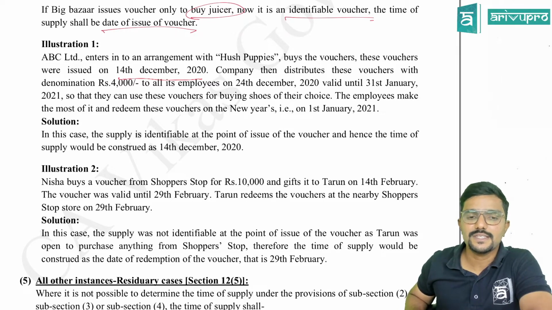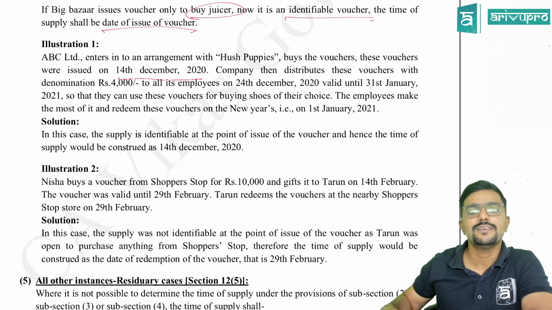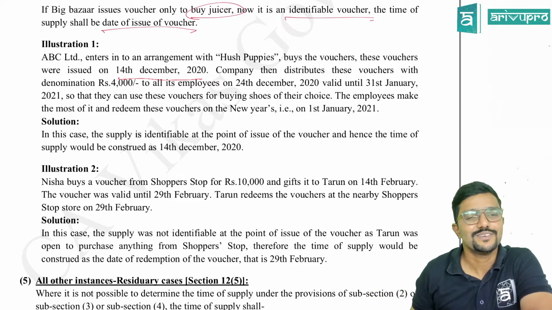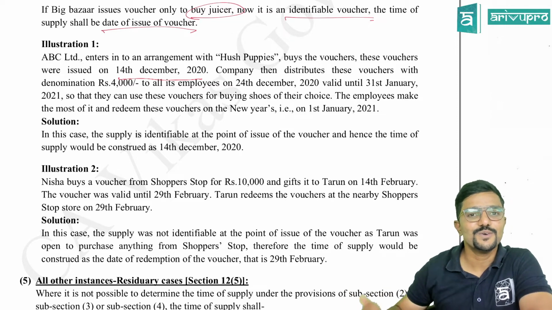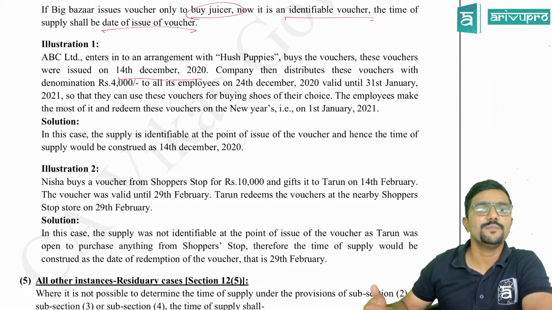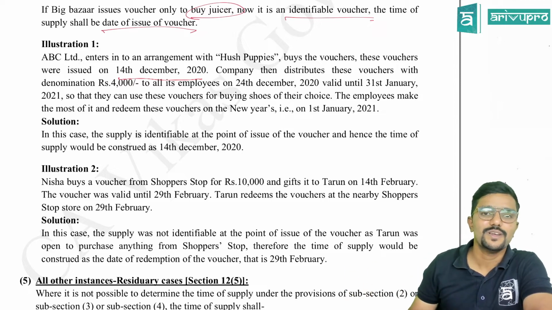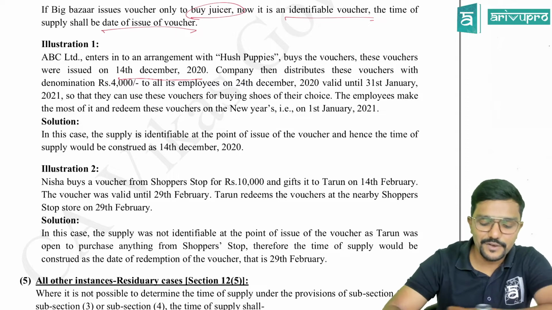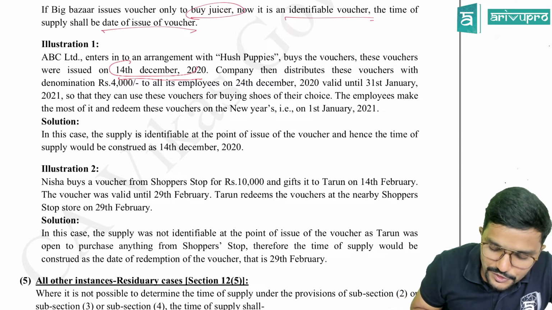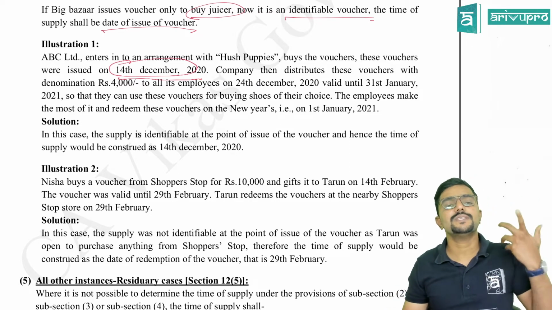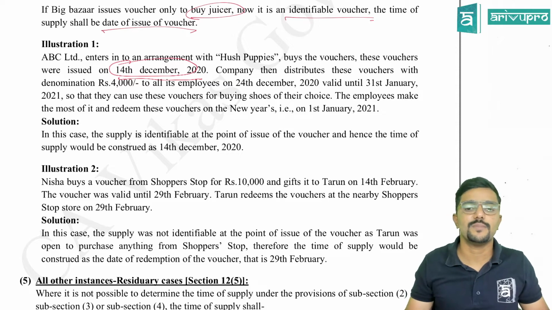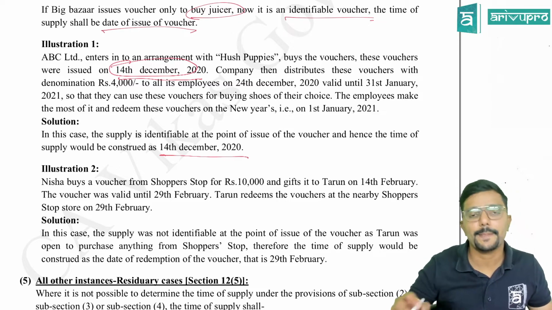In this case, the supply is identifiable because in Hush Puppies, what will you purchase? Shoes. Agree? So whatever vouchers are issued, they can be used only to purchase shoes. In that case, was it identifiable at the time of issue of voucher? Yes, sir. So what is the date of issue of voucher? 14th December. That is the time of supply.